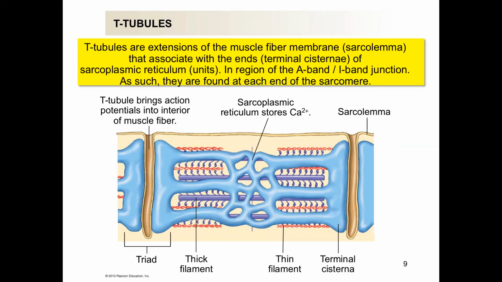So a muscle cell has receptors for the neurotransmitter. And that then sets up an electrical potential, or an action potential as we call it, across the muscle cell, all right? And that action potential penetrates deep into the muscle cell itself using these T-tubules. And that then causes the release of calcium from the sarcoplasmic reticulum, all right?